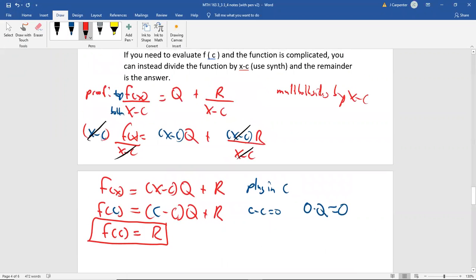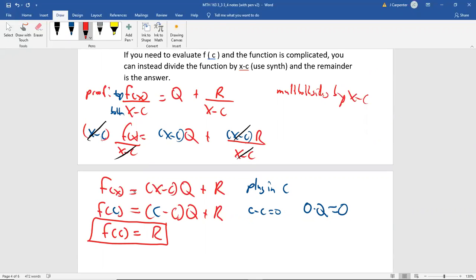It works. It's not the longest proof in the world. It's not the simplest proof in the world. But it is a proof that if you want to do some function evaluation, you can choose to divide synthetically by x minus that number, and then whatever you get under that synthetic division for the remainder is the answer for the evaluation.